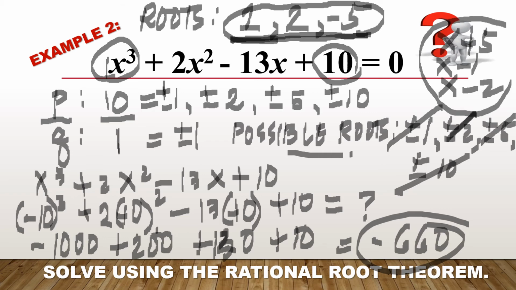So these are the factors. You have to put them in parentheses. But if you're asked to look for the roots only, we have 3 also: 1, 2, and negative 5. So it's only one given. We have 3 factors, and we have 3 roots for the given polynomial.